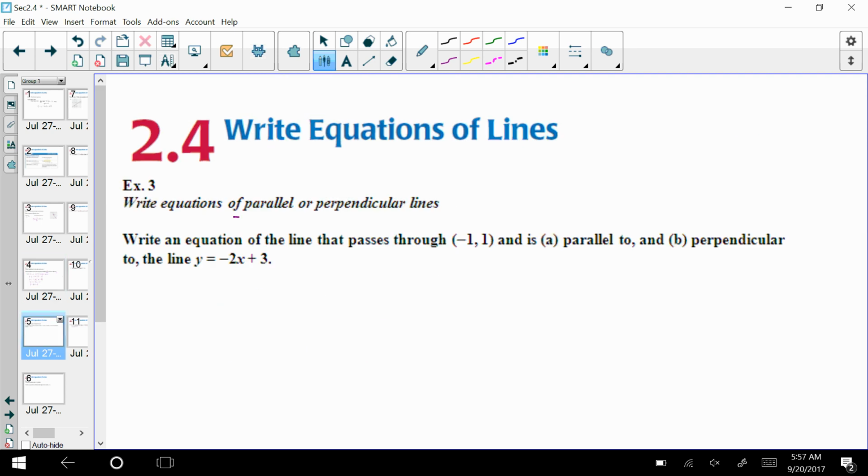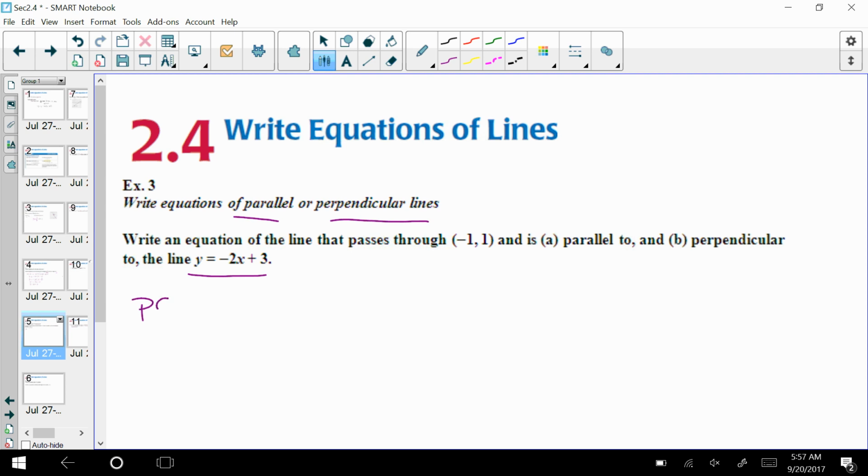So now if we want to write equations for parallel and perpendicular lines, and we know a point that they pass through, and we know the equation of the line that they're parallel or perpendicular to, we can use point-slope form.